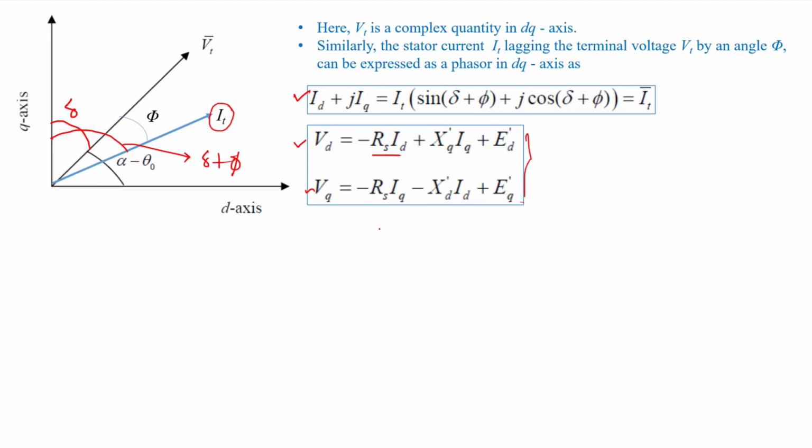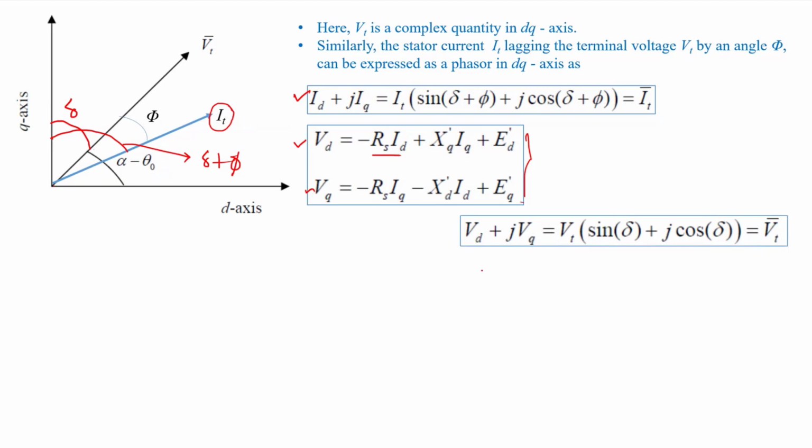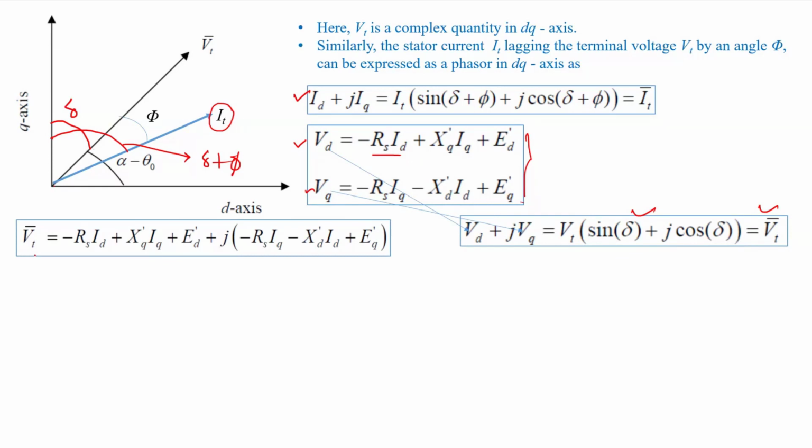Now we know Vt is Vd plus jVq, so if I substitute the Vd and Vq equations into the terminal voltage equation, Vt becomes minus Rs Id plus Xq dash Iq plus Ed dash, plus j of minus Rs Iq minus Xt dash Id plus Eq dash.